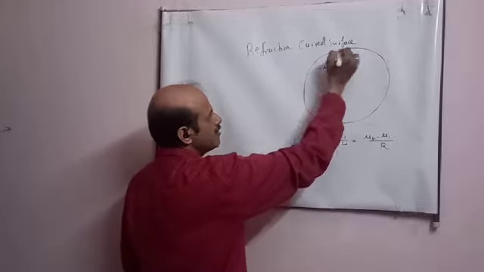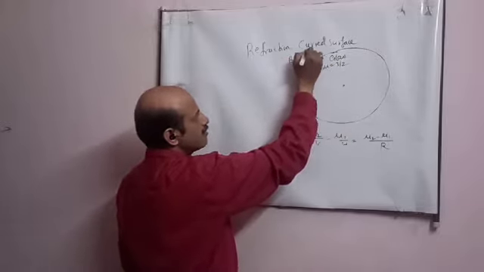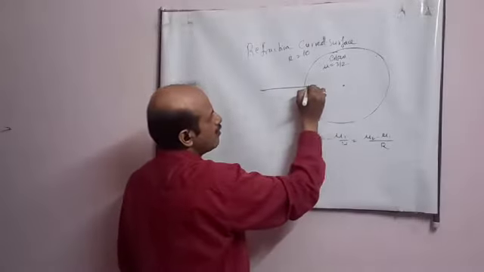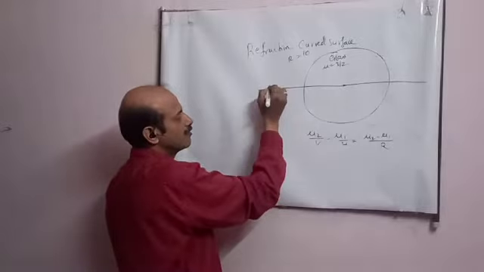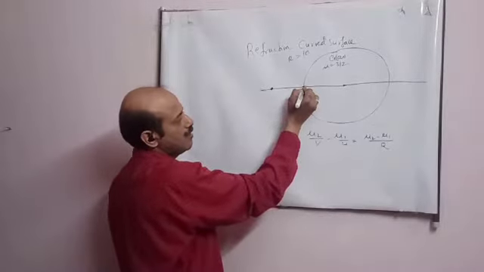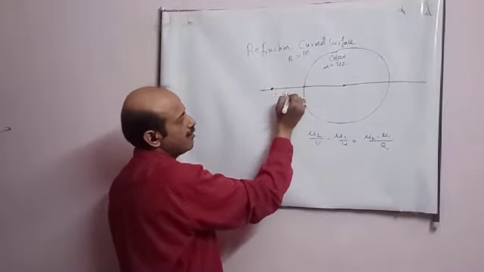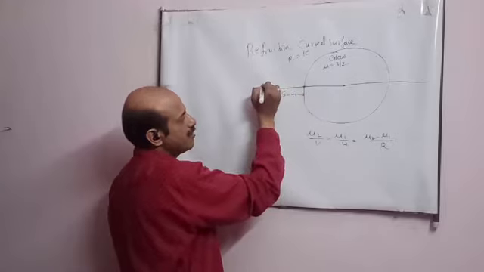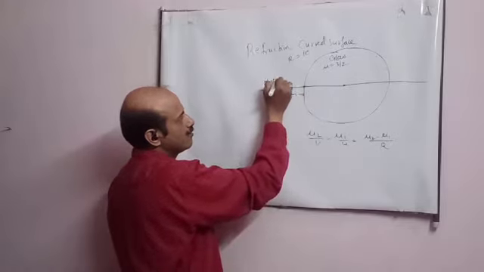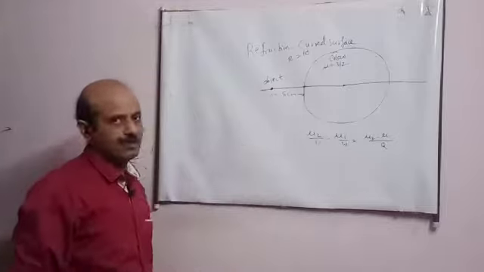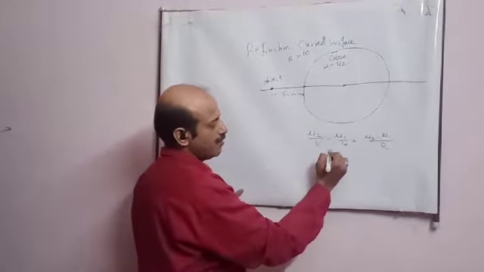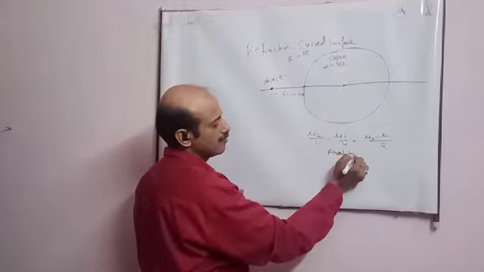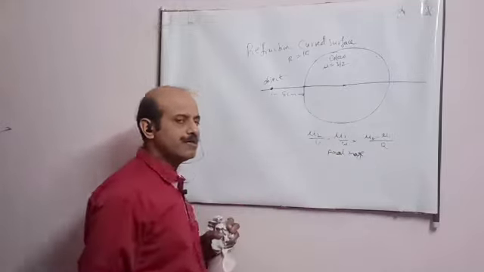The radius of curvature of this glass is 10. And here one object is kept at a distance of 5 centimeters from here. This is the object, student. I have to find out the final image. I have to locate the final image, student.